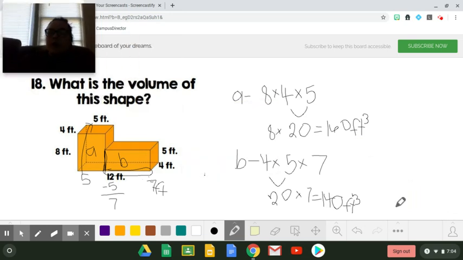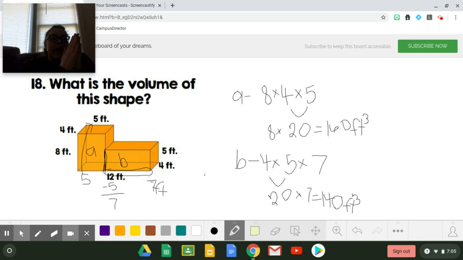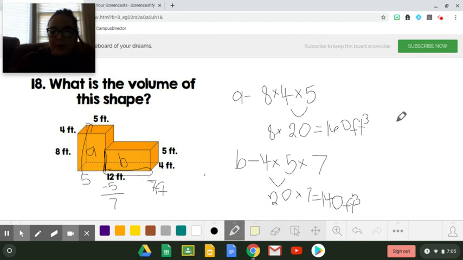Okay. So if I have the volume of part A and then the volume of part B, and I've got to put those two things together, I'm going to add them. That's where that additive volume comes in.